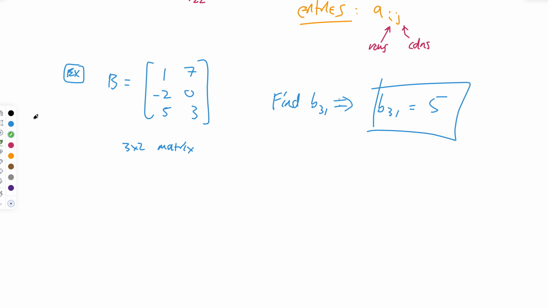the next thing we'll talk about is what I am going to refer to as an augmented matrix.